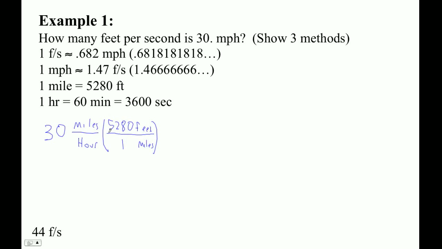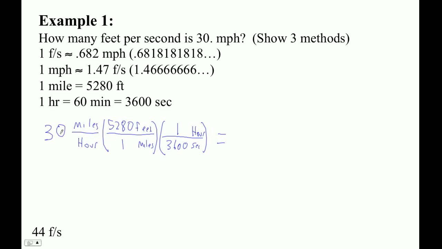I'm just changing what the units are. And then I want to get rid of hours, so I'm going to put hours up here. 1 hour is, and I want feet per second, so an hour is 3,600 seconds. Okay, and now I'm all set.